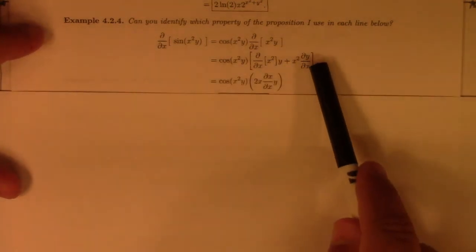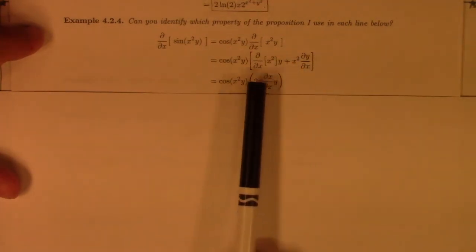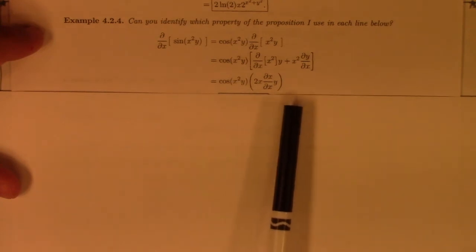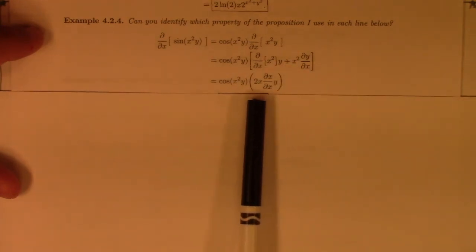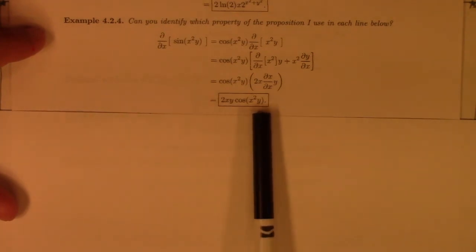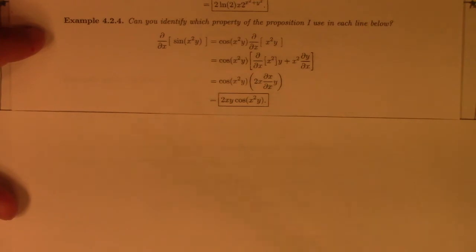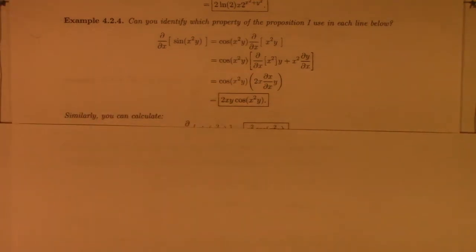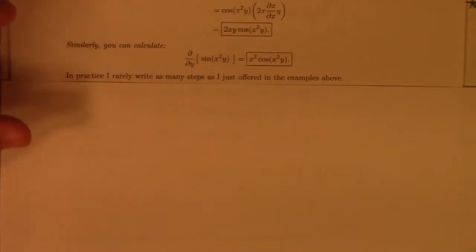And this piece is 0 because partial x of y is 0. And the x derivative of x squared is 2x partial x, which just gives us 2xy. So there you go, 2xy cosine of x squared y. So I've included some extra steps in these examples that I will soon stop doing. I just wanted to show you some gory details here.